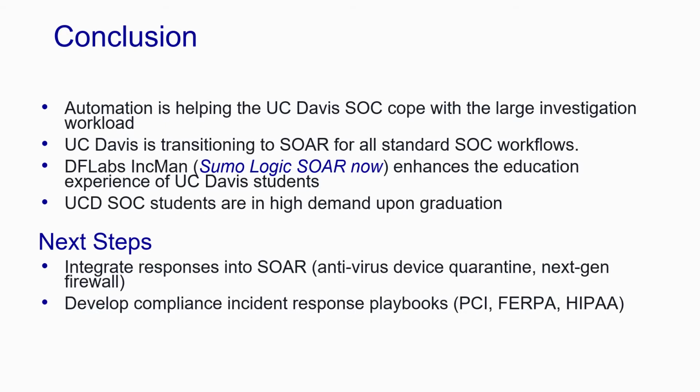We do vulnerability scanning, so any high risk vulnerability, we automatically dispense with those and do the mitigation request for that. And we also do endpoint protection alerting. So those are the 4 big ones that we have at UC Davis, and those have already been integrated.